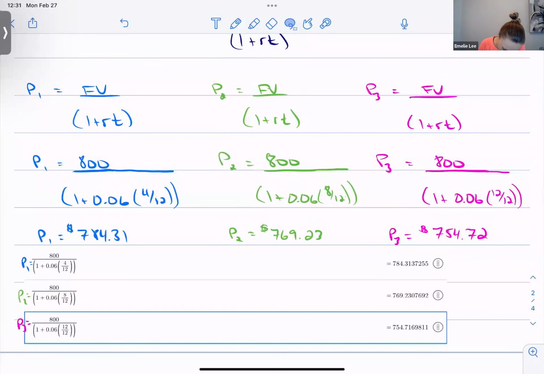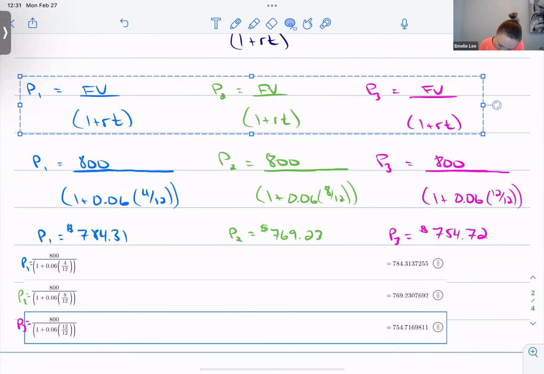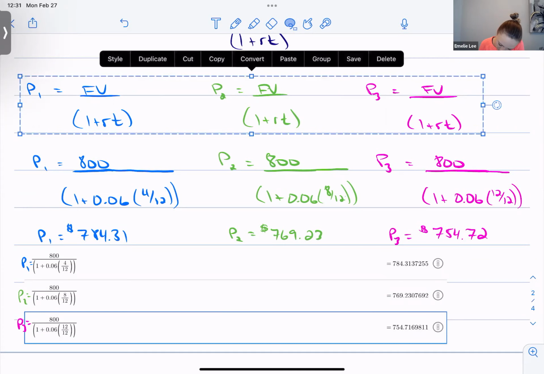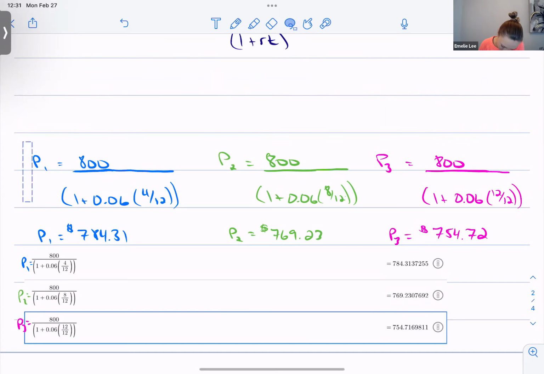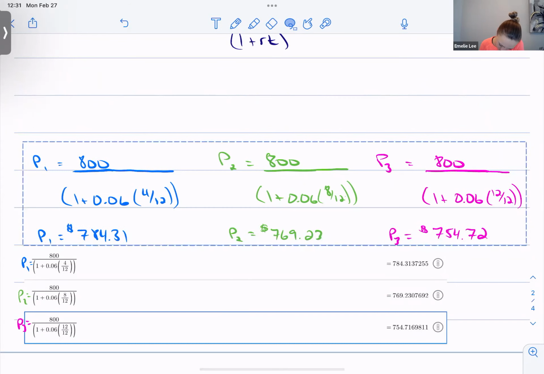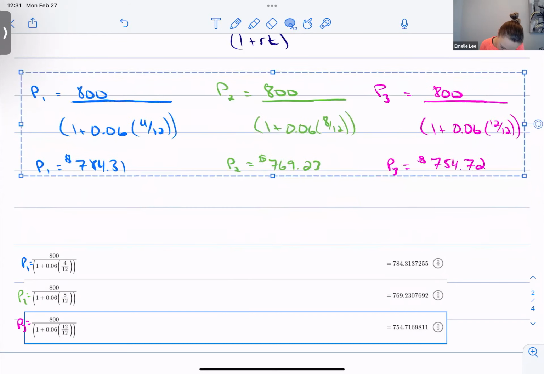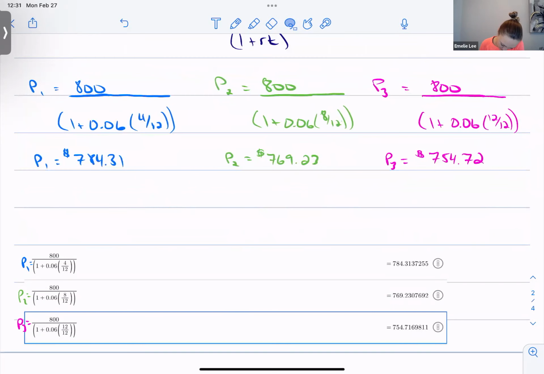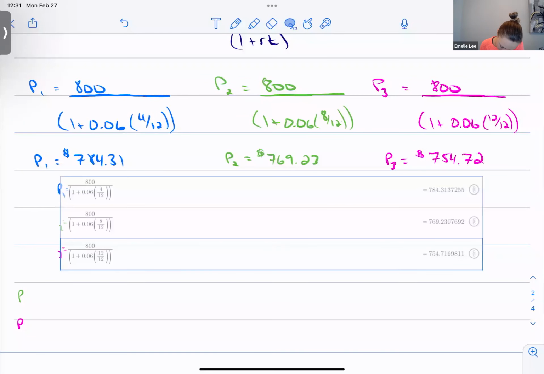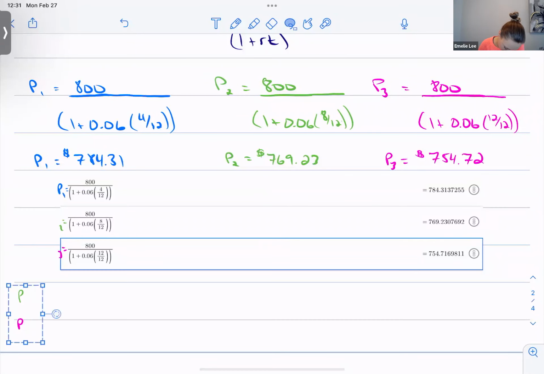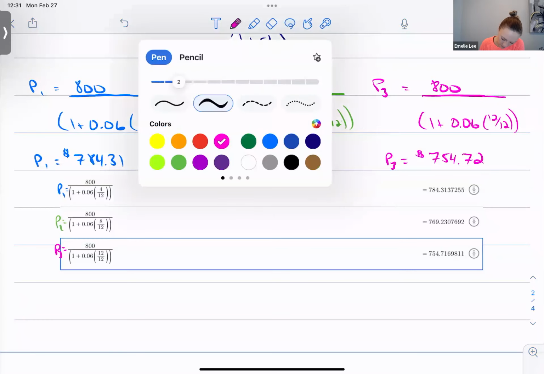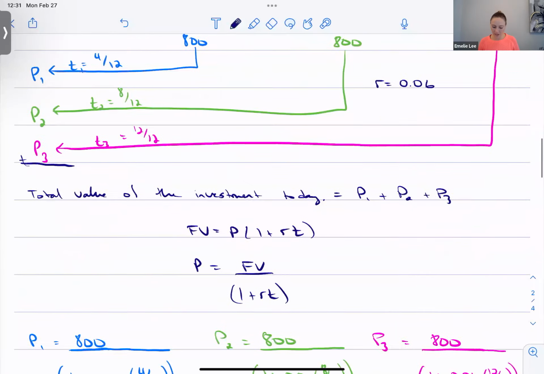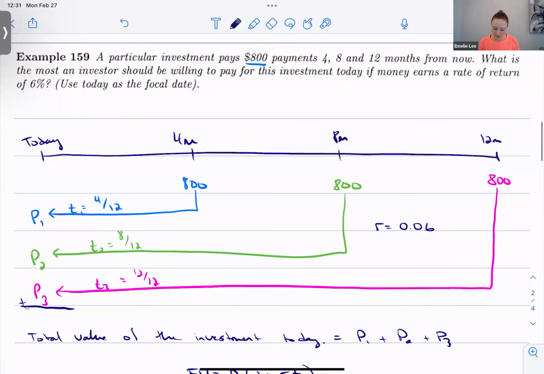You know what? I think I'm going to delete these because I want to fit this whole example on one page. And I didn't really need them. There. Okay. That's not the end of the question though, right?